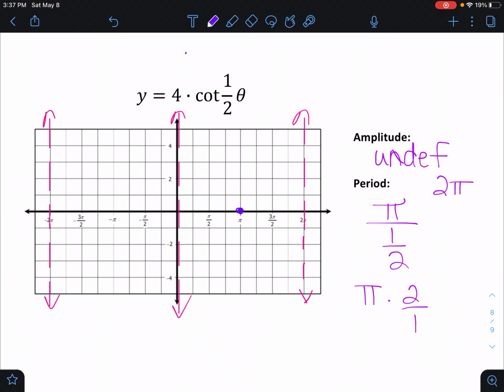Now, this is going to go 4. So halfway in between here, I should be at 4. Because remember, cotangent flips around the other way. And then this one will be at negative 4. So here we go.